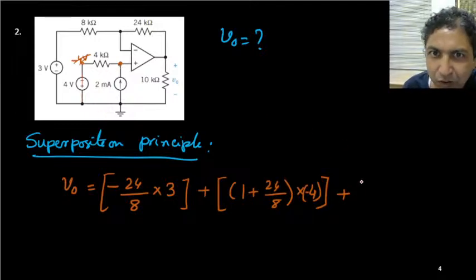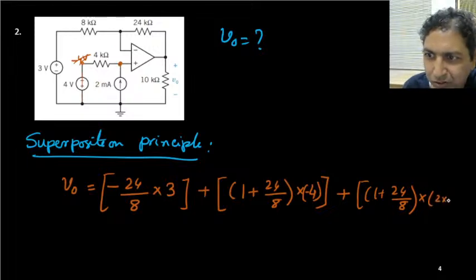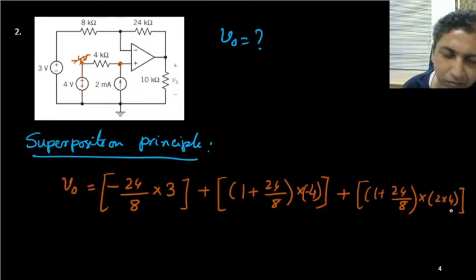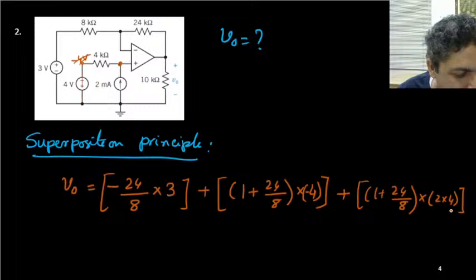So again, it is a non-inverting gain, 1 plus Rf by R1 times this voltage I into R, 2 into 4. Am I correct? Is it fine to all of you?